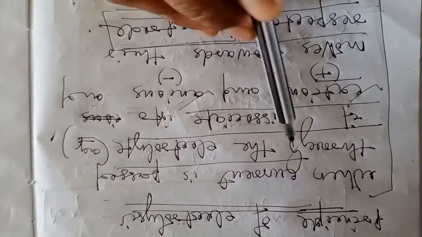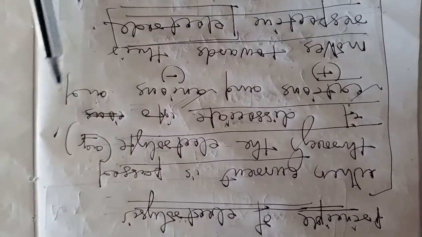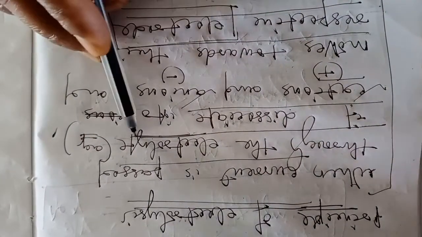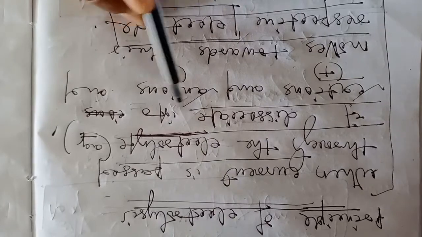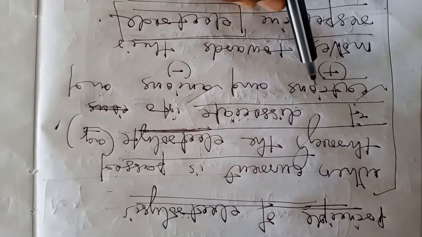When current is passed through an electrolyte, that is, an aqueous solution of electrolyte, it dissociates. That means the electrolyte will dissociate, break down, into cations and anions.